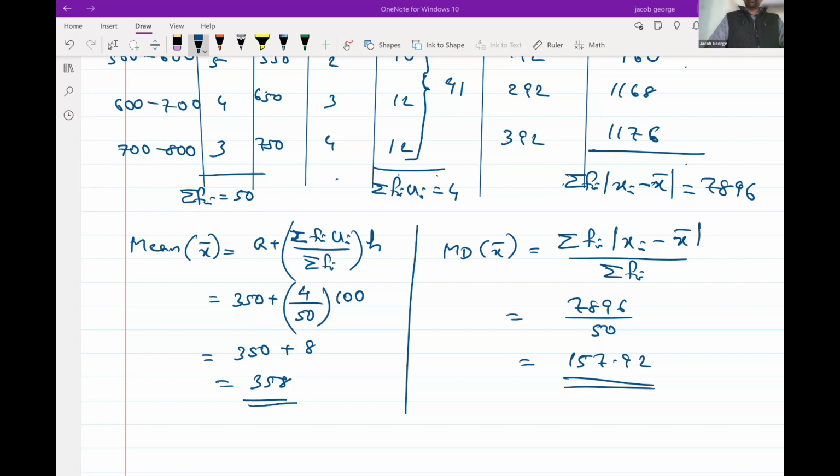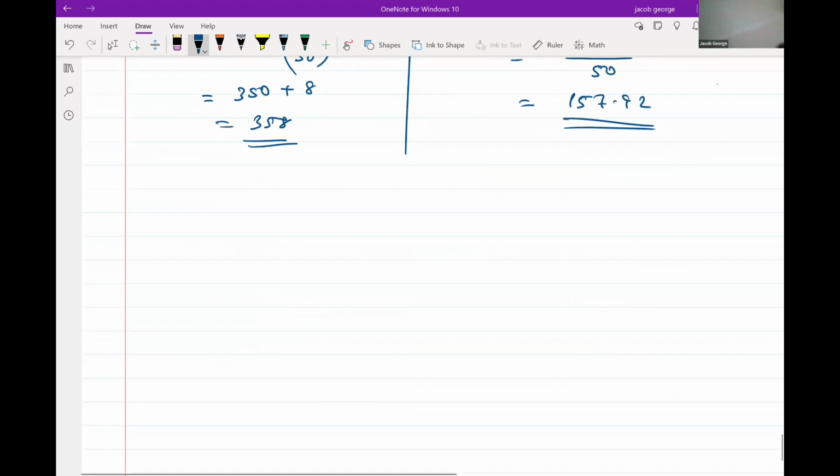Okay, so please write subheading mean deviation about median.